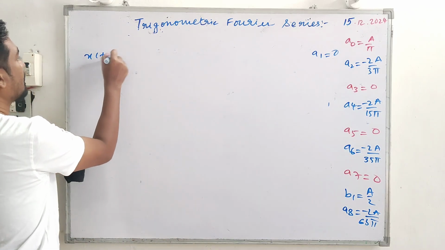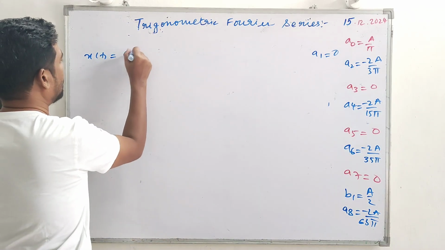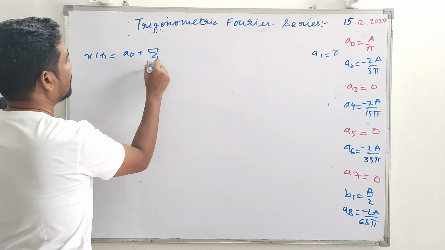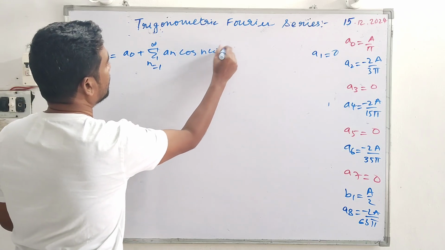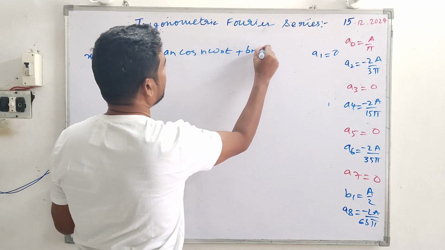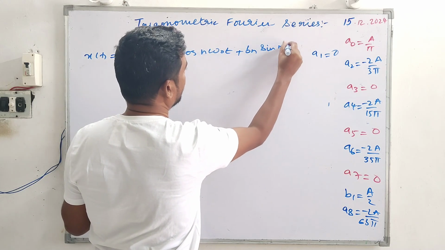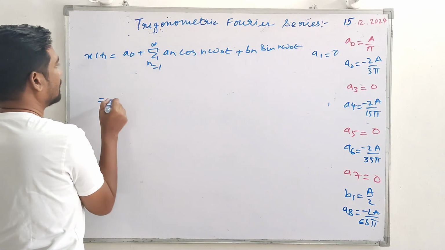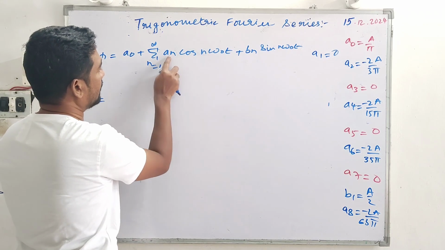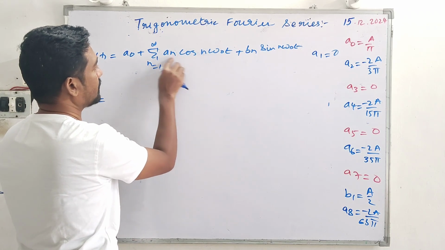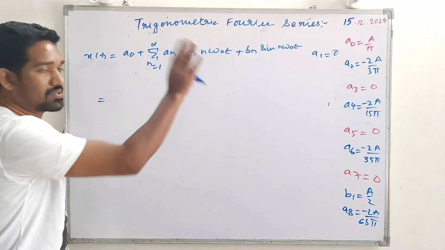Now x of t is what? A naught plus summation n equal to 1 to infinity an cos n omega naught t plus bn sine n omega naught t. In the sense we have to expand for a1 cos omega naught t, a2 cos 2 omega naught t, a3 cos 3 omega naught t, etc., and then the series completes.